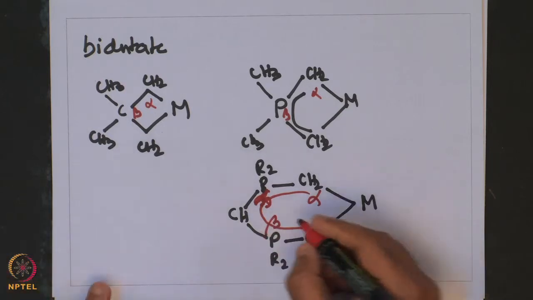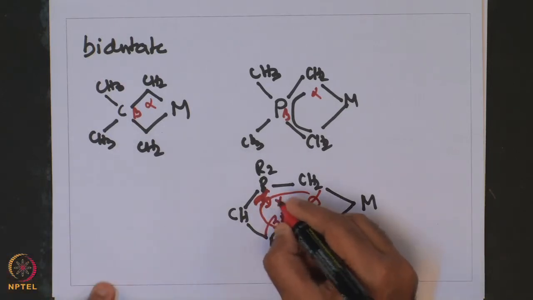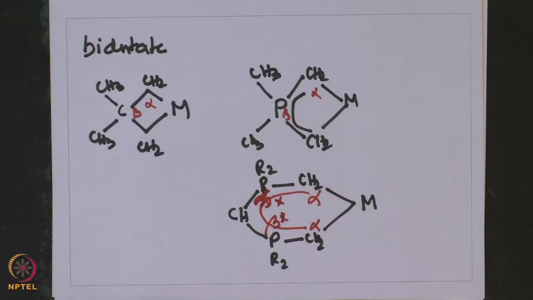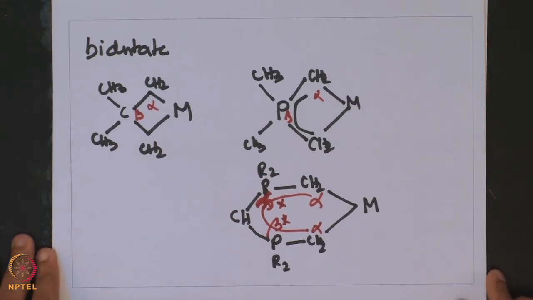So, this also does not have any hydrogen at the beta, and these are bidentate ligands that impart stability to the transition metal sigma alkyl complexes.